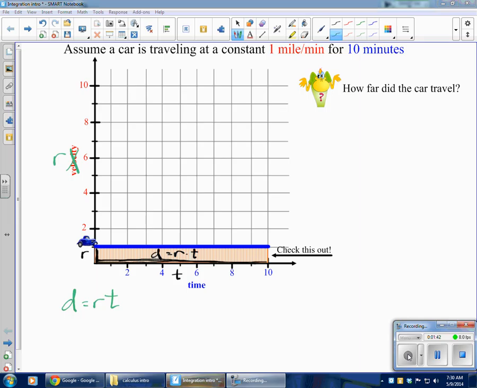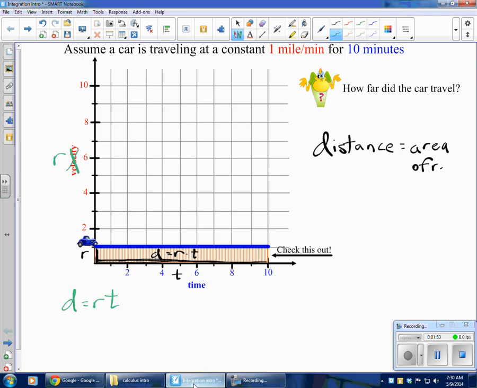This is a weird way to think of it, but really, the distance the car traveled is equal to the area of that rectangle.